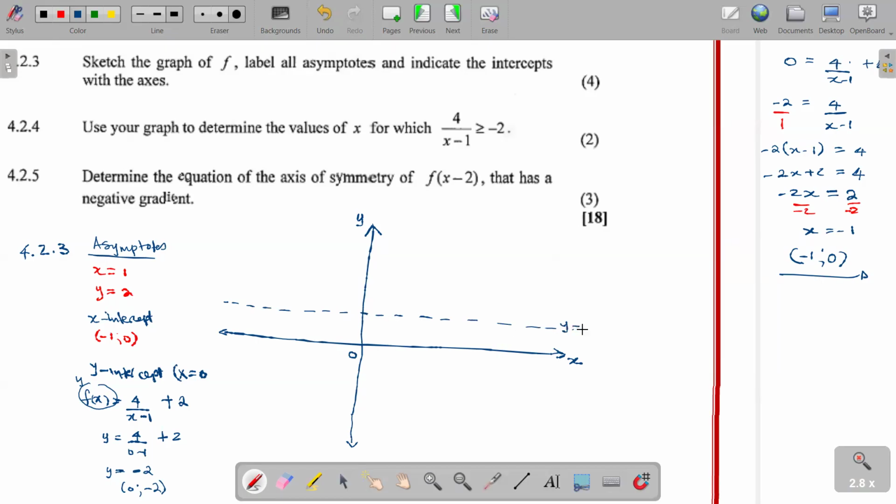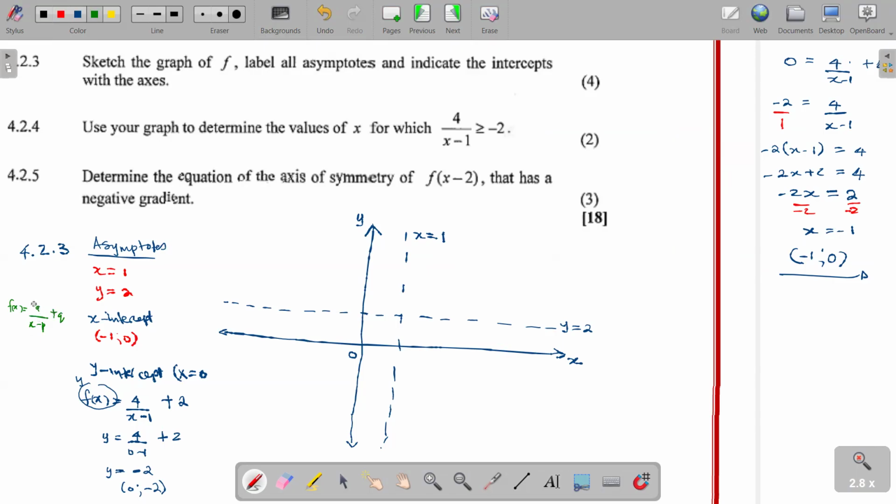We label that. Then we need x equal to 1. It's a vertical line. Here it is. So this is our x equal to 1. Then to sketch, because we have 4 which is positive there, the standard form of a rational function will be f(x) equal to a over x minus p plus q.